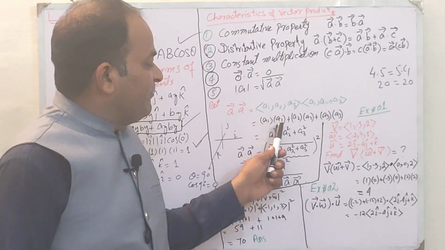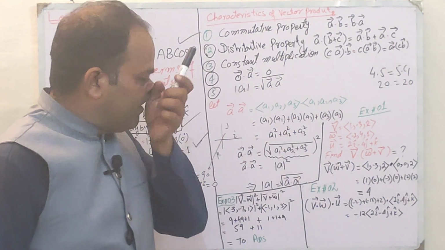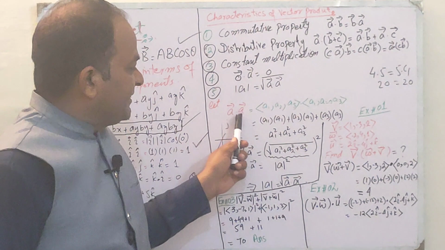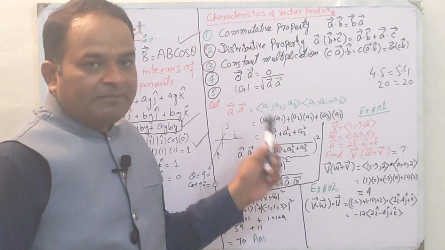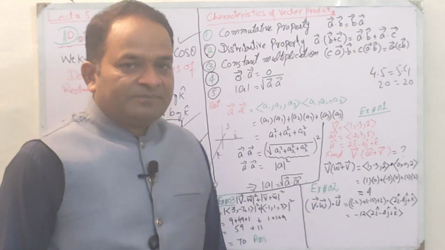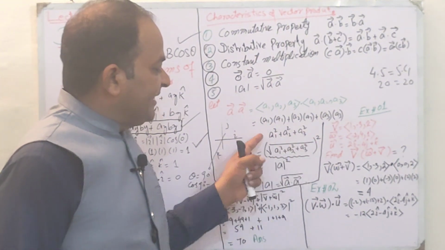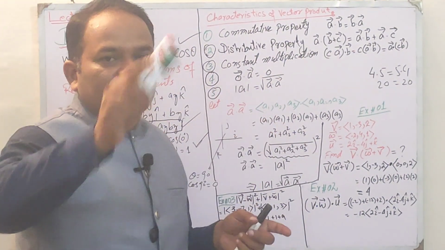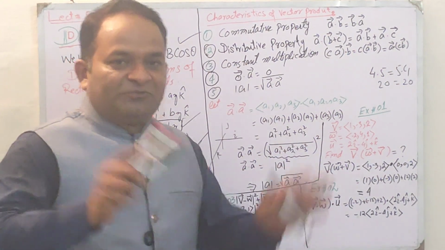So you will get a1 square plus a2 square plus a3 square. So a vector dot a vector becomes equal to a1 square plus a2 square plus a3 square. I think you don't have any issue if I take the square root and then square, because square and square root cancel.